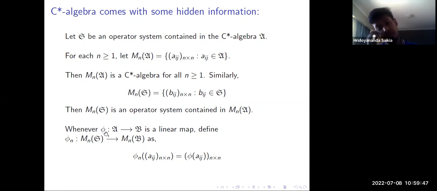Suppose P is any linear map from A to B, then we can define a linear map Pn from Mn of S to Mn of B as follows: Pn of this matrix is a matrix in Mn of B whose ij-th entry will be P of Aij. Okay. So this is a very natural definition. That means the moral of the story is whenever I'm given a linear map P on level 1, then I can have linear maps on each level.